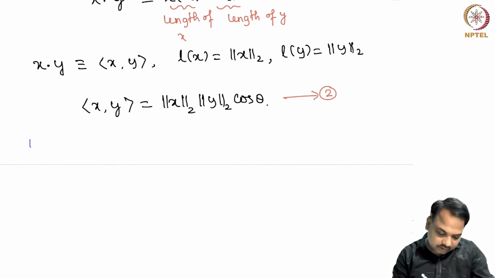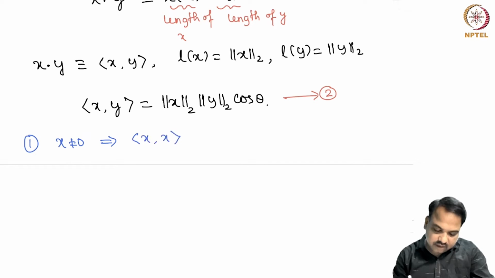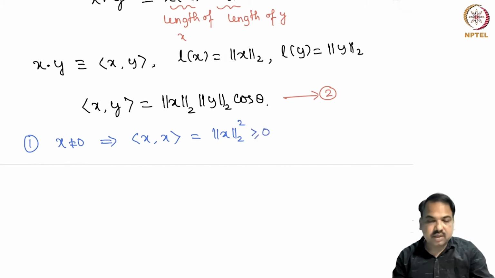Okay, now let us look at particular cases of this. For example, if you take x non-zero, the scalar product of x with itself is the length of x square, which is always positive. Here when we take y equal to x, theta is 0, then cos 0 is 1.